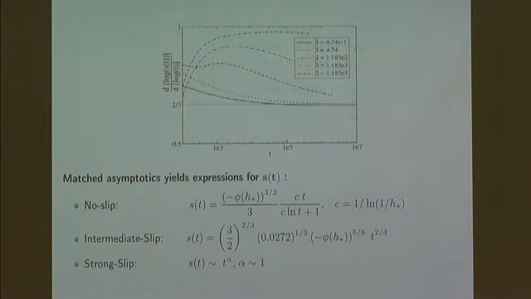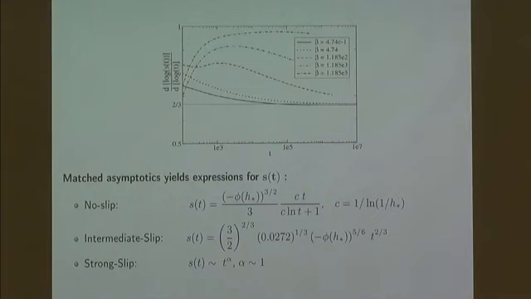The other thing, now coming to the intermediate slip model and to the instability I've shown you at the beginning, is that if you look at the strong slip model and you start the dewetting process, these are just numerical simulations. You start the dewetting process and you look at the dewetting rates, or look at the profile of the dewetting rim.